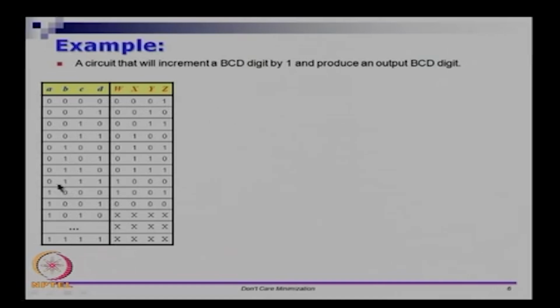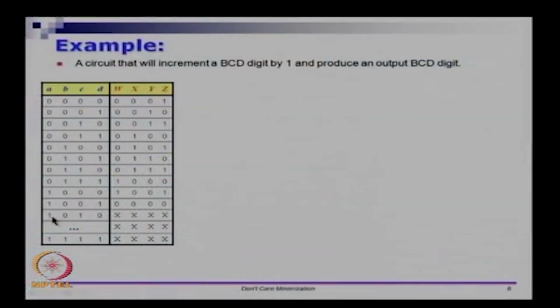So when we increment decimal 7 we get decimal 8, when we increment decimal 8 we get 9. However, when we increment decimal 9 we get decimal 0. So imagine this is like a speedometer rolling from 9 to 0, right? That is what we are having here. So in the binary coded decimal, each decimal gets one 4-bit value, right?